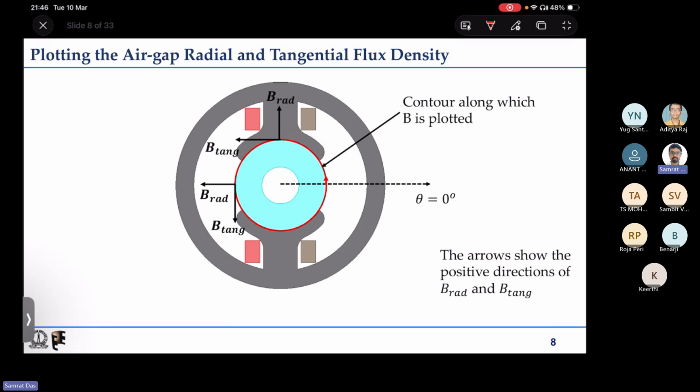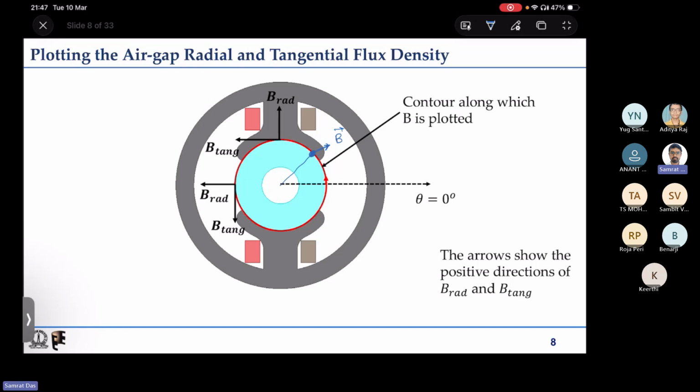So say we are at this point, and the B vector has a certain magnitude and some direction, like this. This is the B vector at this circumferential position on the air gap circle.